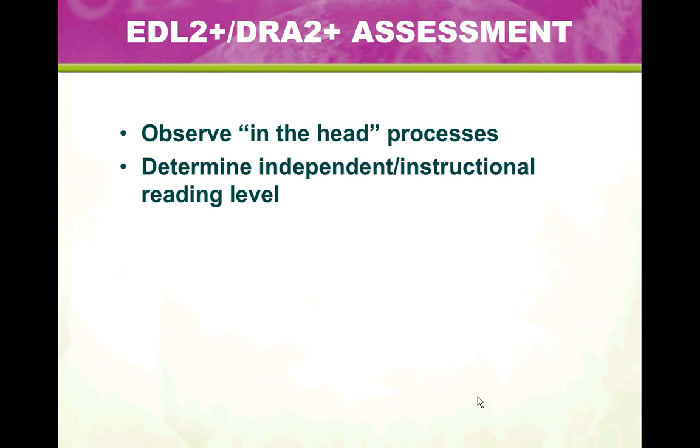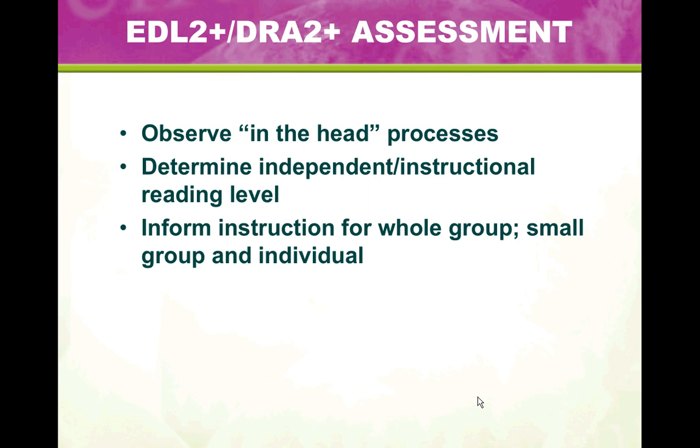It's a tool for determining the independent and instructional level of reading. It's to form instruction not only for the individual students but for the whole class and for small group instruction as well. The program runs from kinder through 6th grade in Spanish, and K-8 in English.